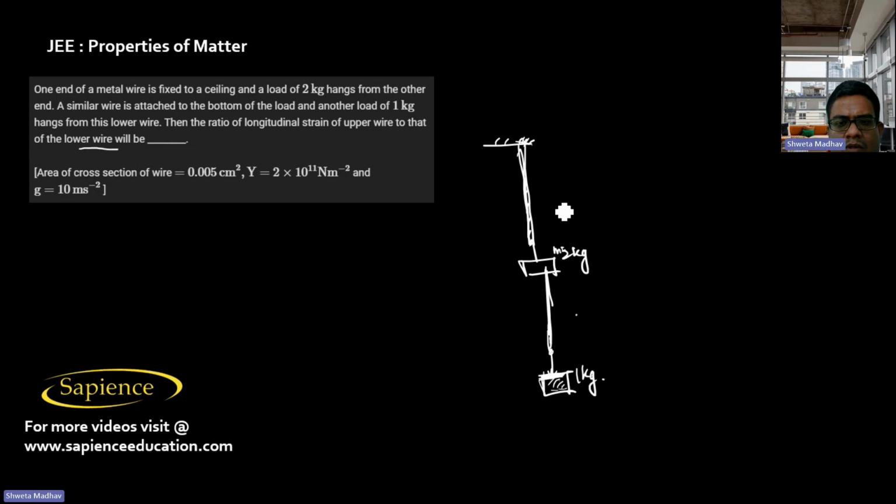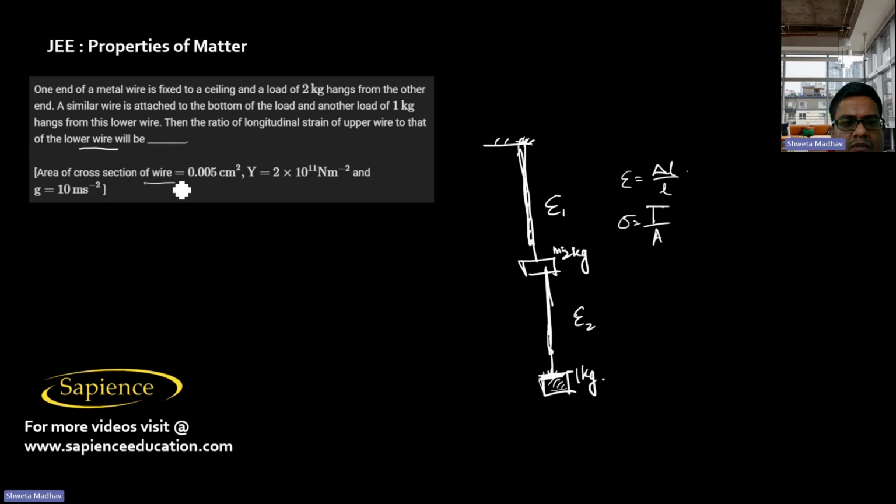So the longitudinal strain of the upper wire to the longitudinal strain of the lower wire, where strain is delta L by L, change in length by original length. Here we can say that the stress is equal to the tension per unit area of cross section.